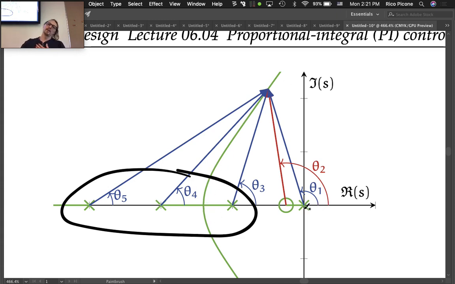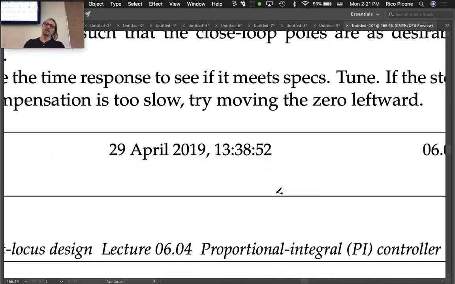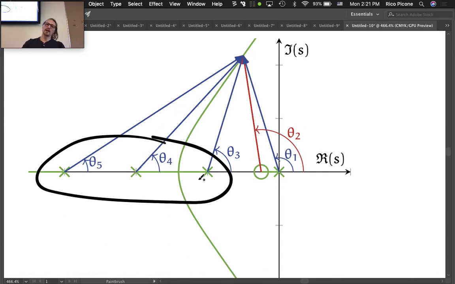So we're ignoring these two to start. So we have no locus, we have locus, no locus, locus. So one of the zeros is at infinity out to the left. One of them is at infinity out at this angle, 60 degrees, and then the other one's at negative 60 degrees. So we've got our root locus like that, and the angle criterion is met at every point on that root locus, right?